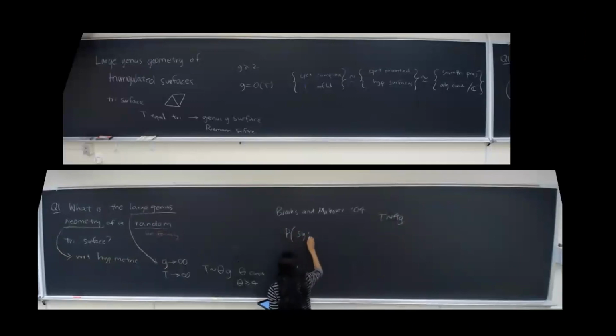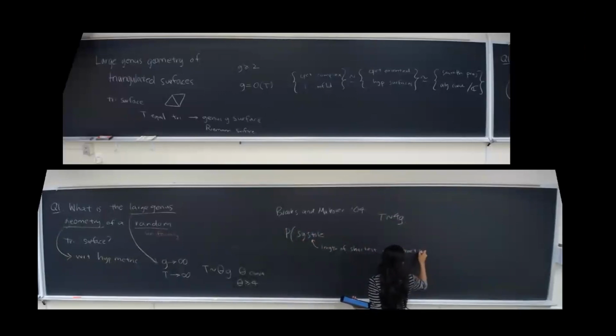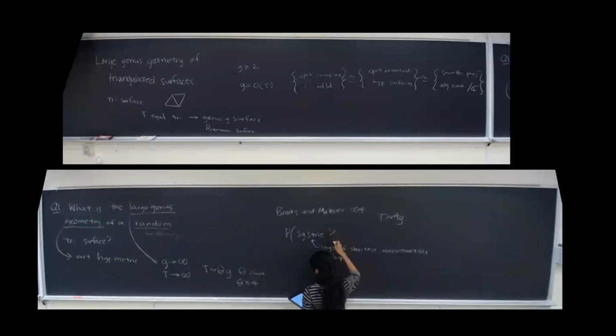The probability that the systole, which is the length of the shortest non-contractible curve on the surface, is at least a constant tends to 1 in the large genus limit. This is for a specific constant, not for all constants.